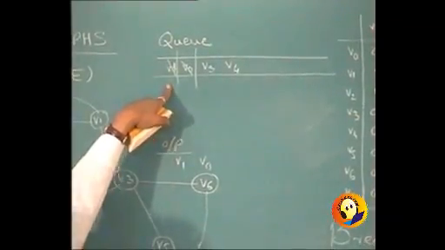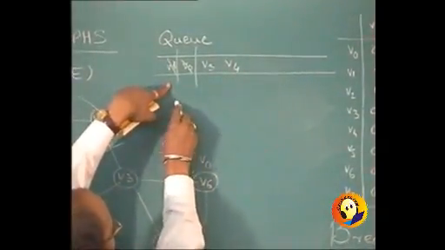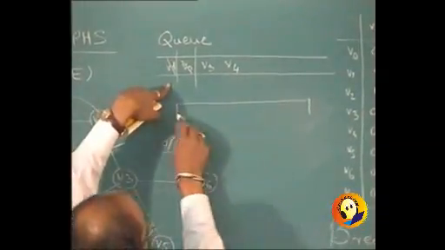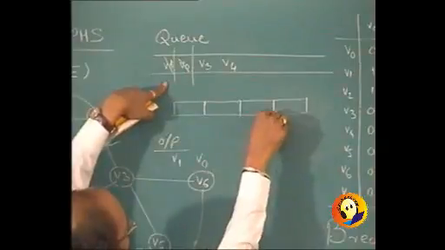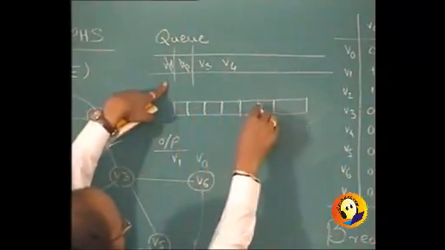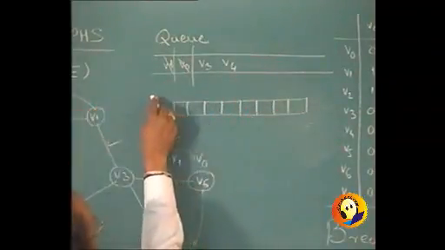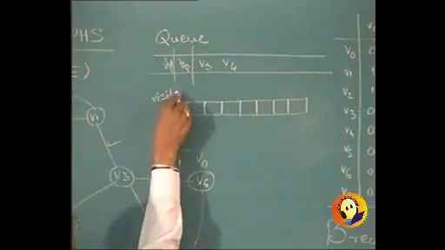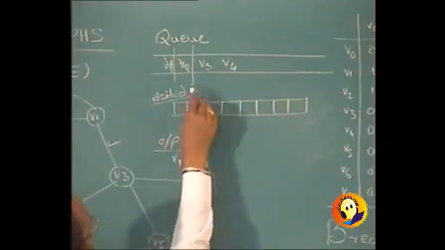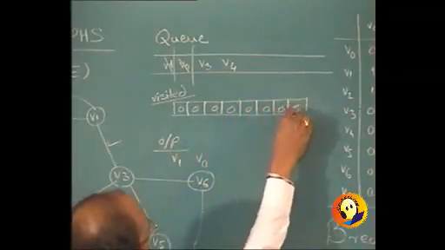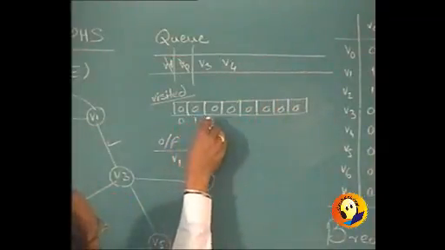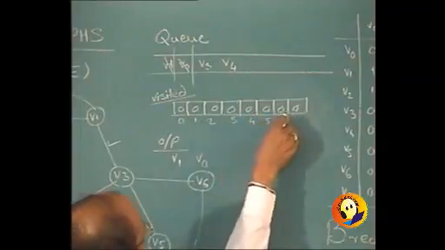Right? So I will take help of something called one more array actually, which I will name visited. Zeros mean false, not visited. Vertex 0, 1, 2, 3, 4, 5, 6, 7.